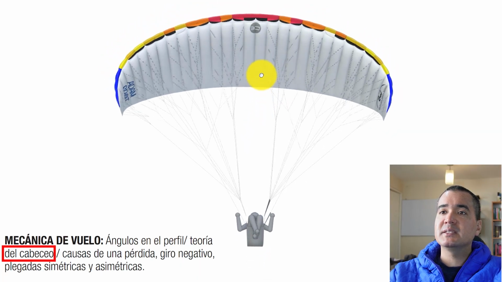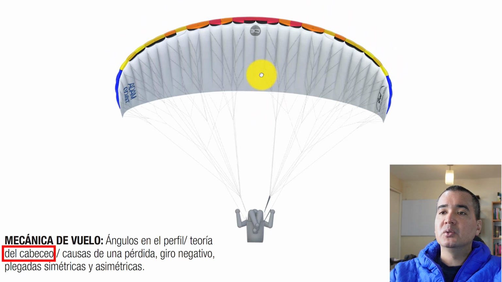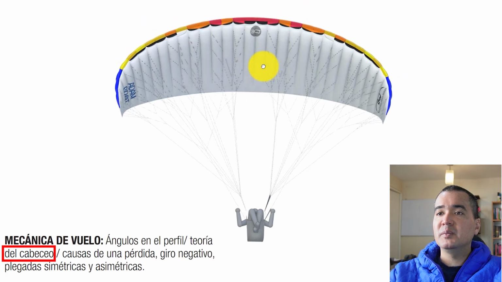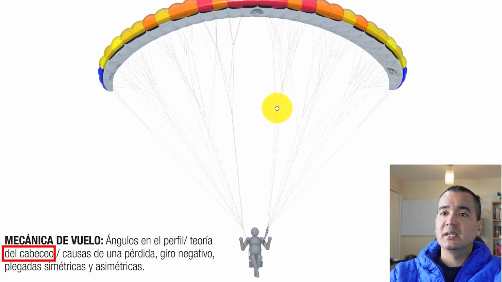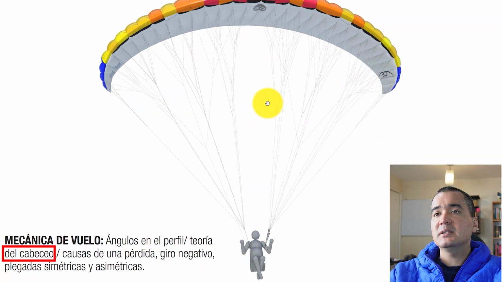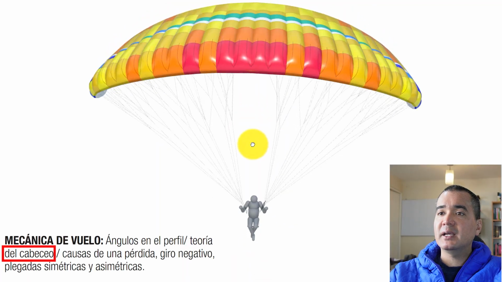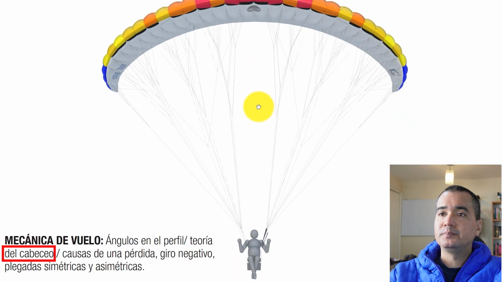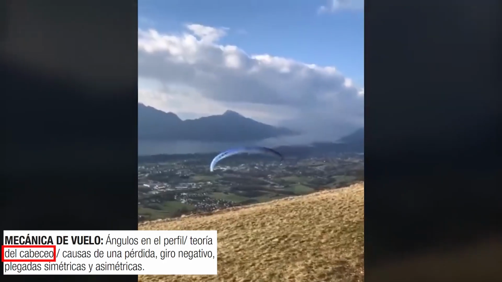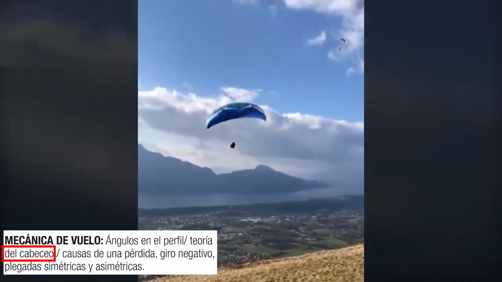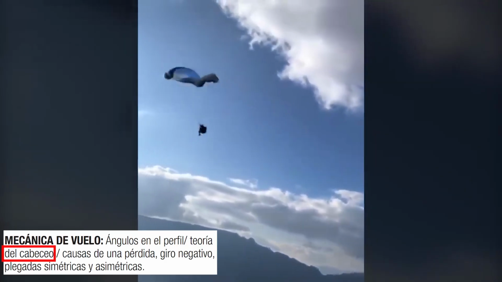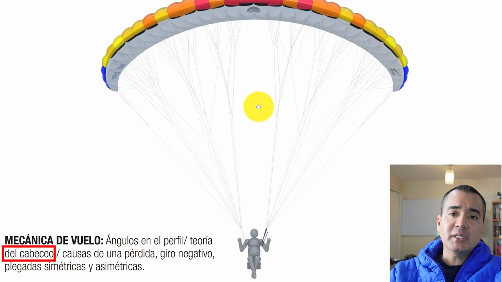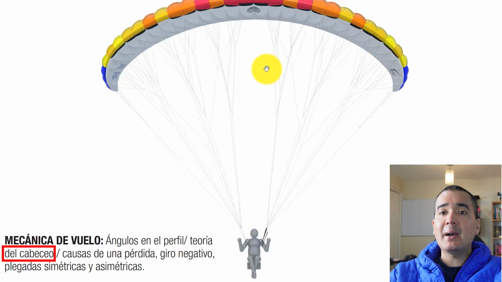This falling back can be because the pilot entered a strong thermal, the paraglider fell back, and then the pilot did not control the pitch, either entering the thermal or immediately exiting it, and the paraglider surges forward. So in strong thermals, we will see that before pitching forward, the paraglider falls back a little.